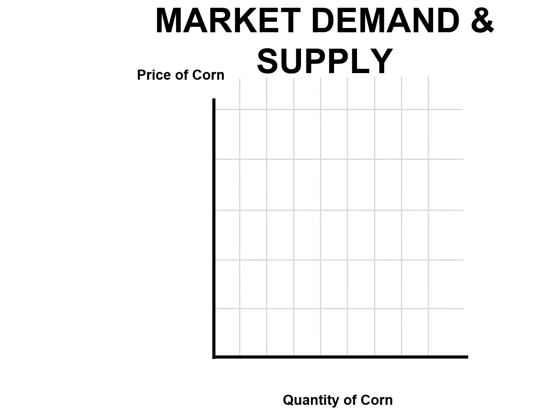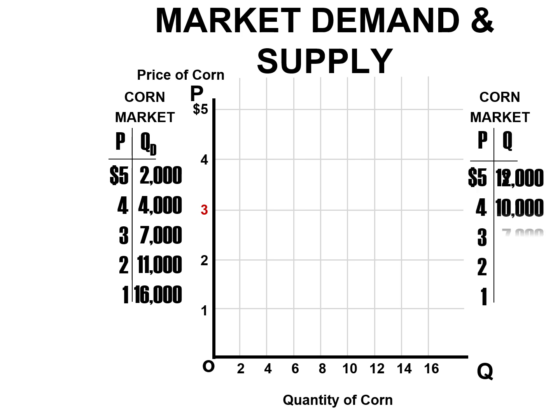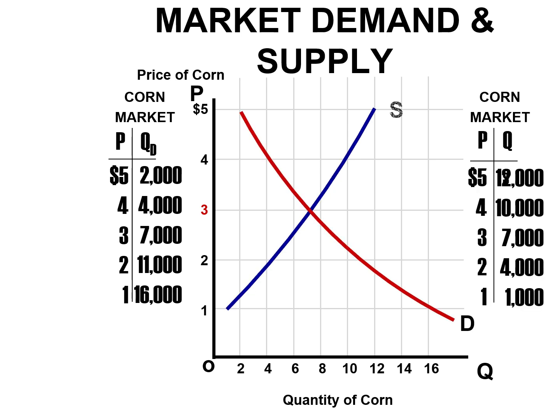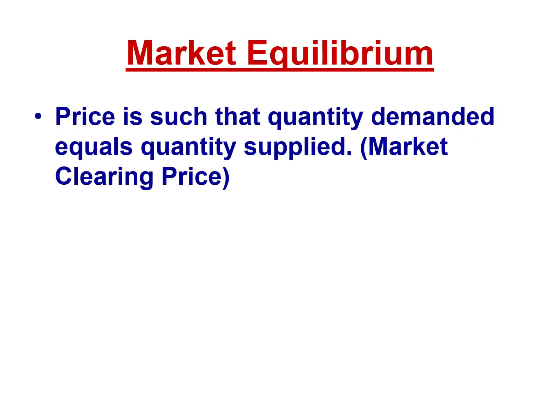Let's look at this graphically. So here we have the exact price, $3 per bushel, and the exact quantity, 7, this is in thousands, 7,000 bushels. So right at this stage of the game, this week, the market clearing price is $3 per bushel, 7,000 bushels of corn bought and sold. So at equilibrium, quantity demanded is aligned with quantity supplied.